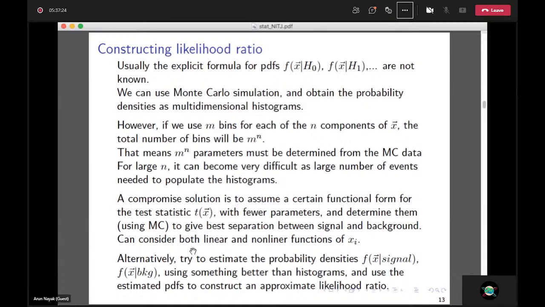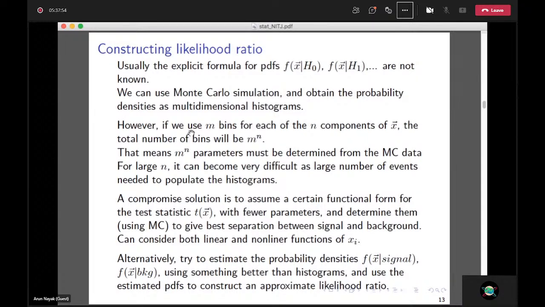Okay, so there are various ways of constructing a likelihood ratio. Usually the explicit formulas for the PDFs are not known, so people use Monte Carlo simulation and obtain the probability densities as multidimensional histograms. Then you can look at the histograms, choose the threshold accordingly, and so on.